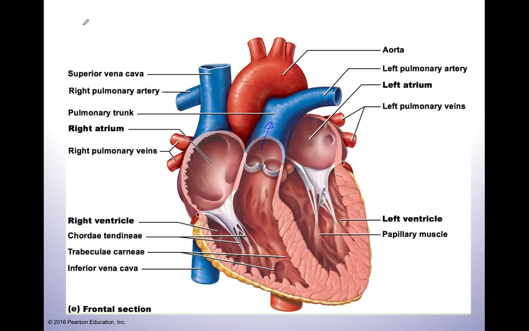So among the blood vessels of the heart, the pulmonary trunk and arteries are carrying what type of blood? Deoxygenated, even though they are what? They're considered to be arteries.